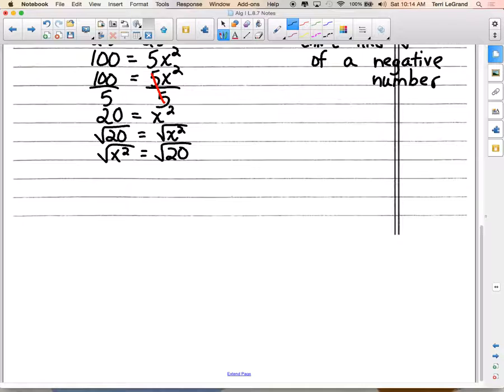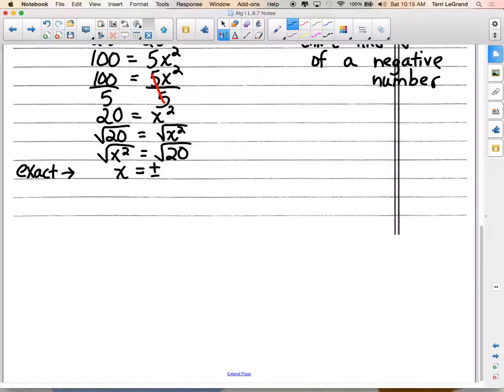Well, the square root of x squared is x equals, and we're dealing with the exact first. Remember, that is simplified radical form. So positive or negative. 20 is not a perfect square. But are there any perfect squares that go into 20?